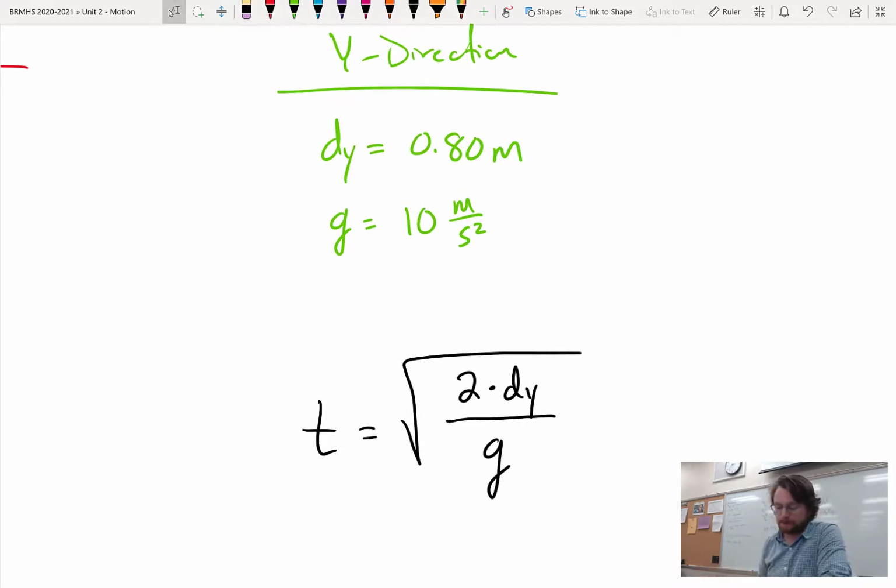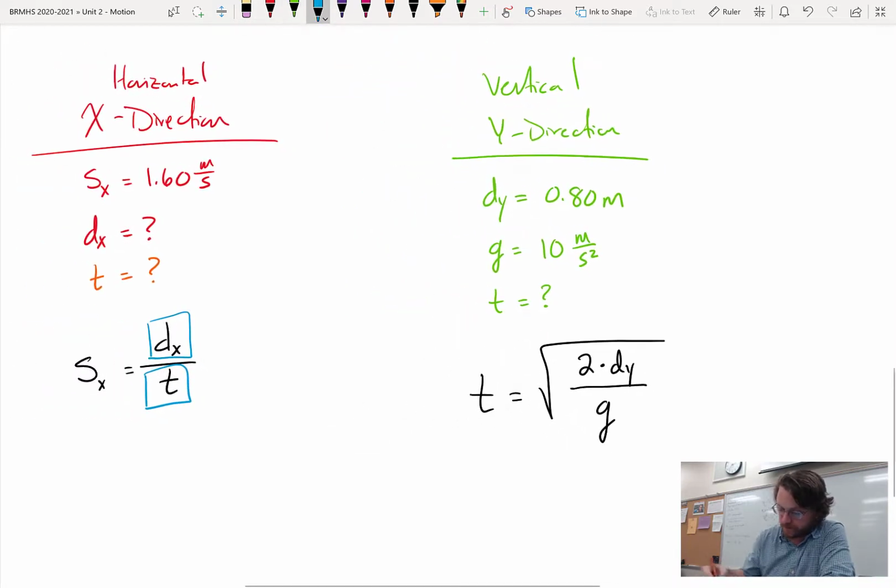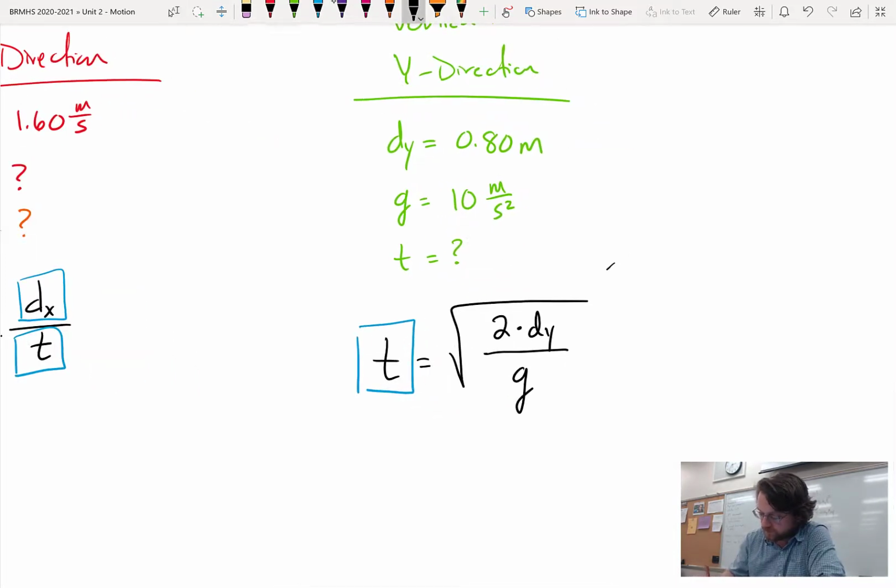What don't I know in this equation? I don't know t. That's unknown. So I'm going to box in blue the one thing I don't know in that free fall equation. So we've got the free fall equation on the right for my vertical stuff. This is exactly how you want to start your math section.